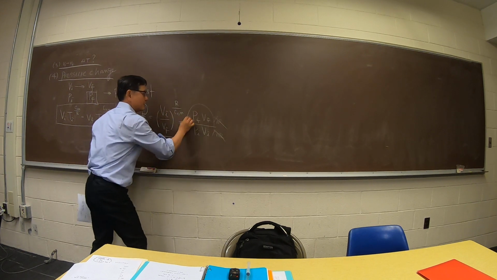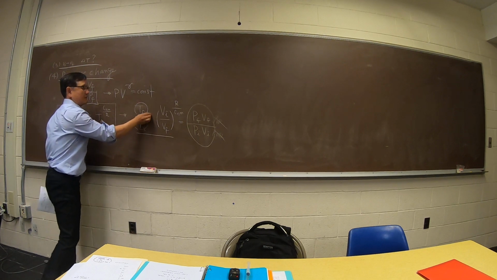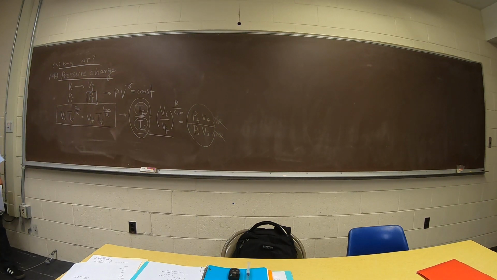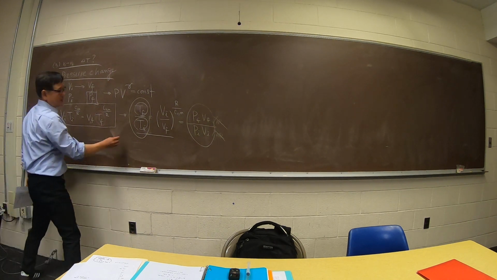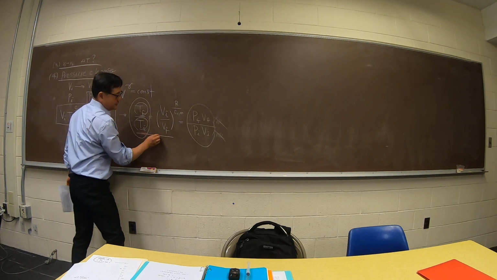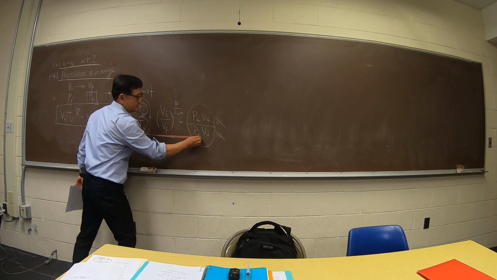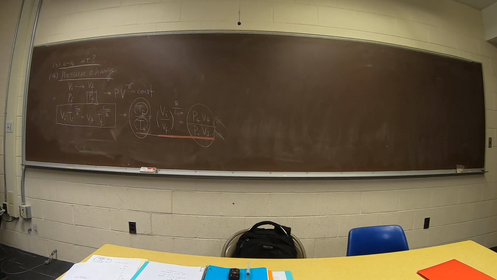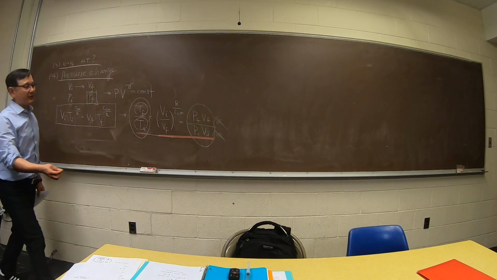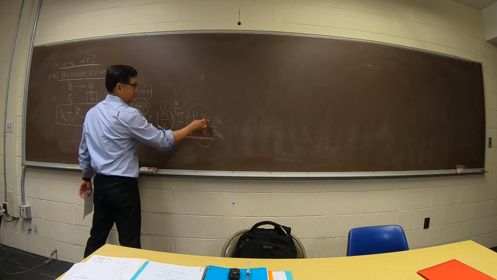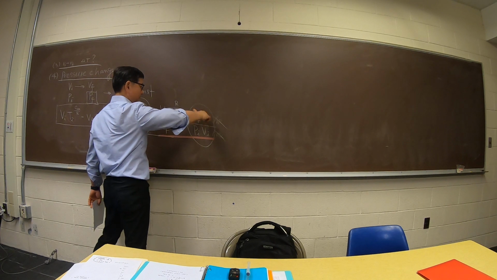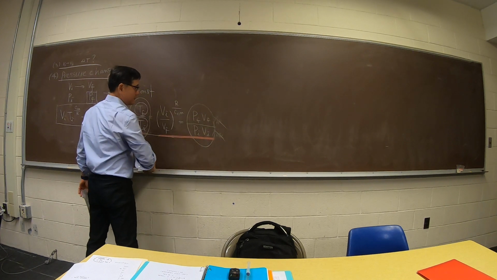So I'm just keeping these two terms as a rewritten form of the temperature ratio. Essentially I'm getting rid of this expression, so that it contains only pressures and volumes. If I don't want any pressure on this side, I need to flip this one.